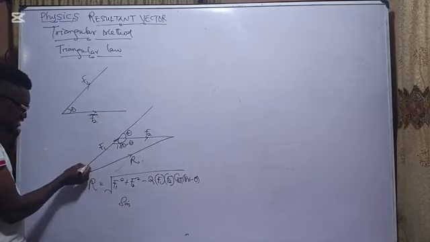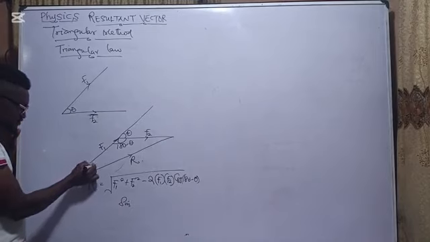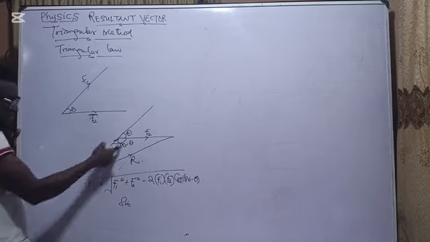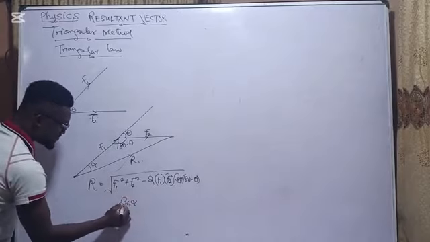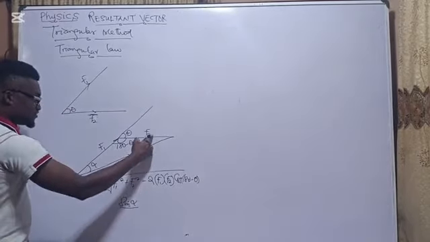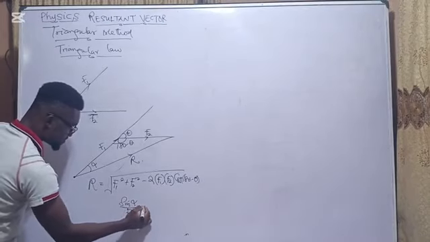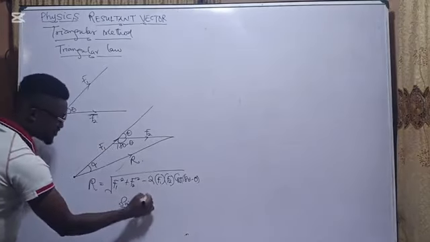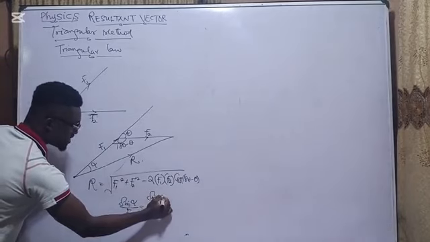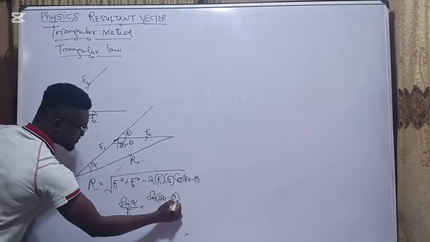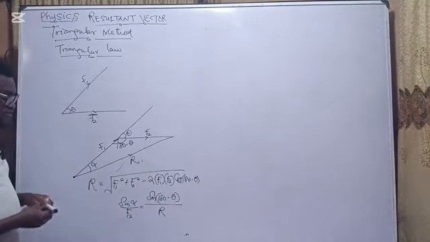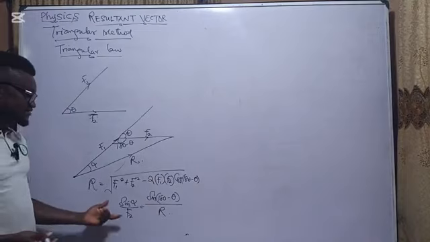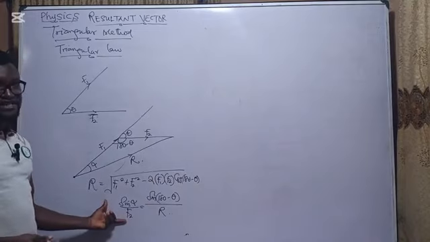Then I'm going to take the direction of this resultant from F1. So in that case, you have sine alpha all over the opposite, which is F2, equal to sine of 180 minus theta, all over the side of it, which is the resultant. So you simplify it the way we did the other, and you still get the direction.